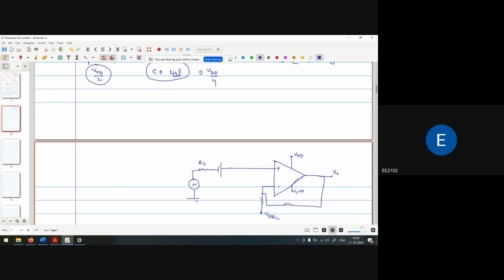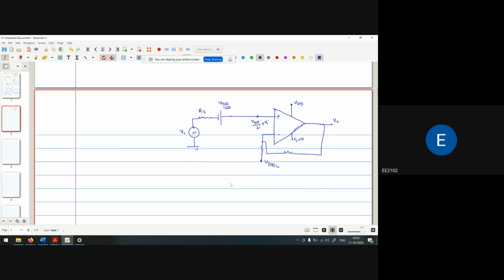So if this is my circuit, what should this voltage be? That voltage is VDD by 2 plus VI. So we are giving the VI. This is my VDD. So we require two batteries.